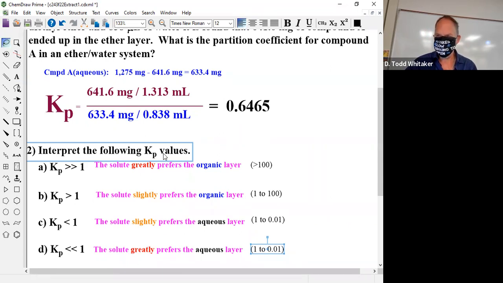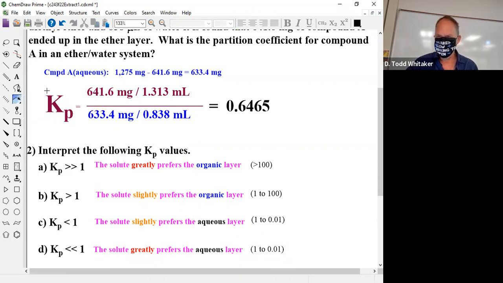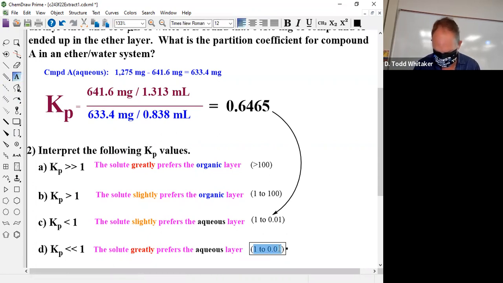So if you got a KP of 0.6465, it was correctly pointed out we're in category C for this particular chemical in this particular environment with these two liquids. And this one I'm going to say less than 0.01. There we go. For those that like numbers instead of words.